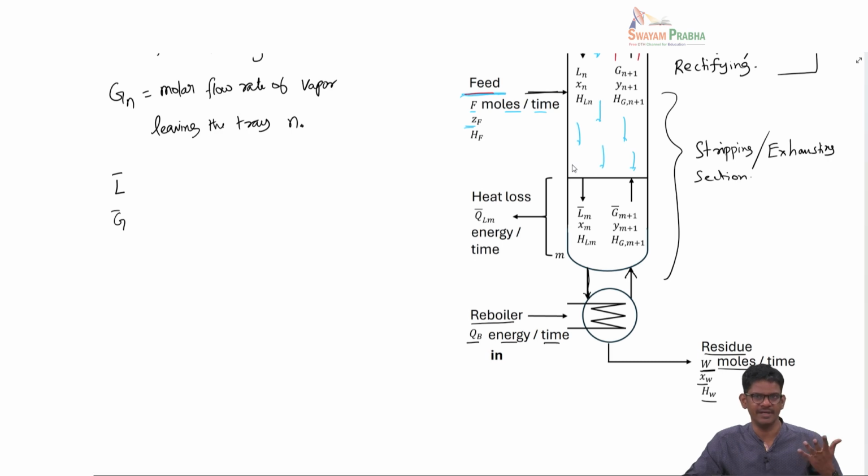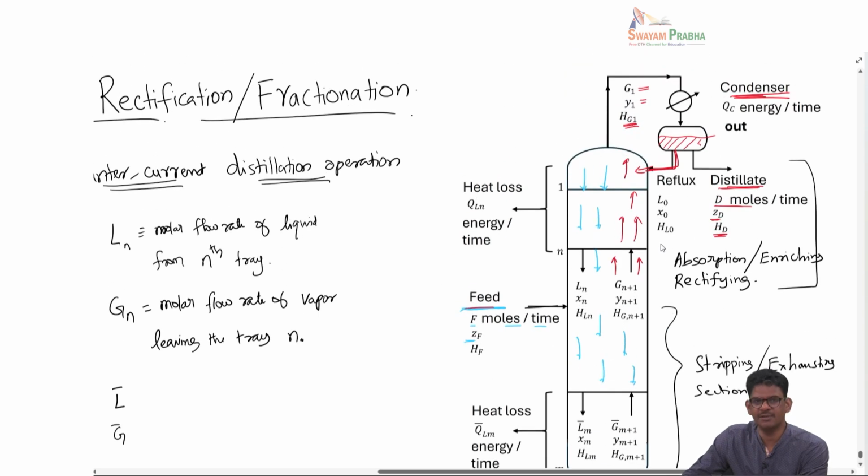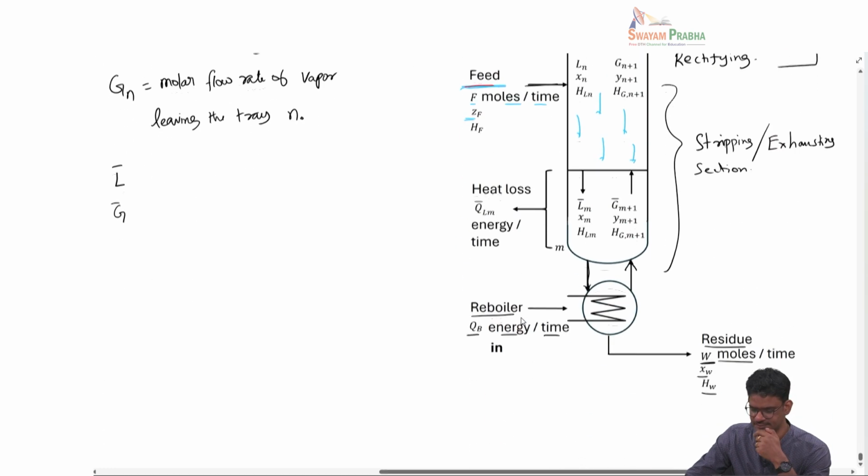We know the operating line slope is proportional to the ratio of the flow rates, so you will see two differently sloped operating lines. So that's what we have to deal with. But before we do that, let us do some small material balance and energy balance about this column. Then I'll discuss how to draw the operating lines and find the number of stages.